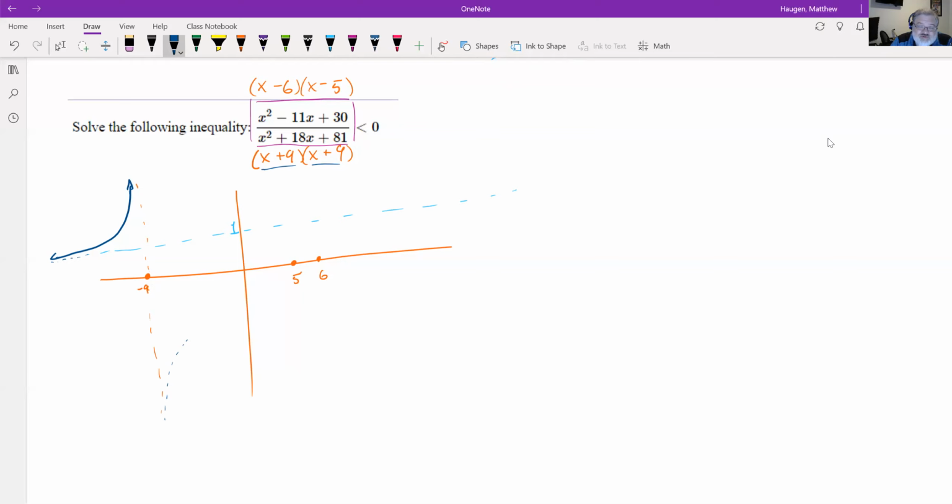For our zeros, that kind of multiplicity meant it bounced off our axis, right? The same thing actually happens with asymptotes. Instead of going up and out and through around, they'll go up and bounce off that infinity and come back down. Does that make sense?